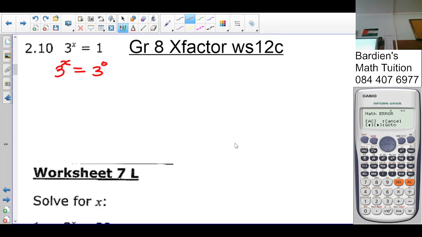And I choose the number in such a way that the bases can be the same. You understand? Therefore, x is equal to 0.